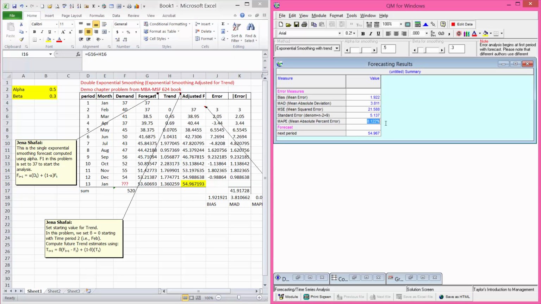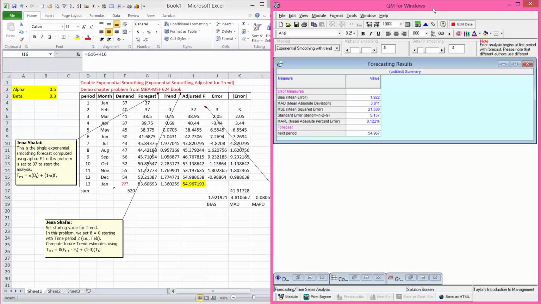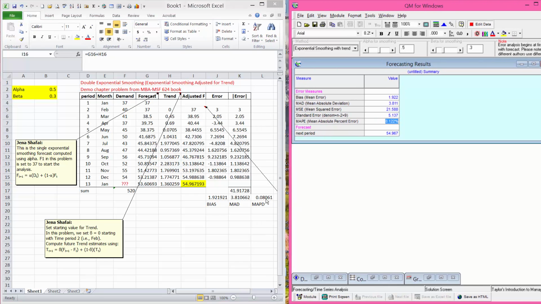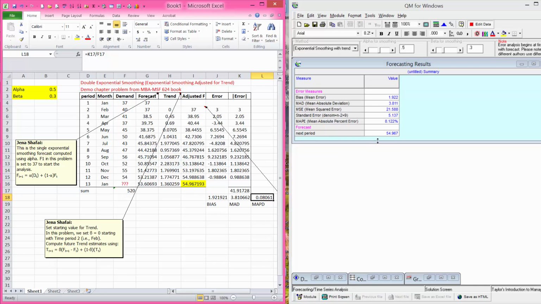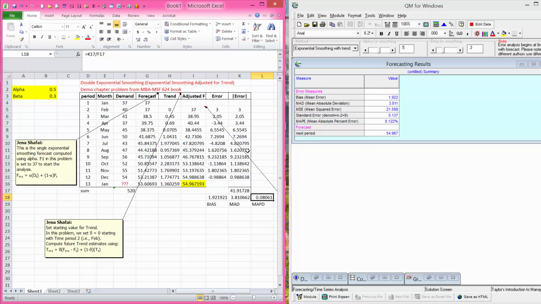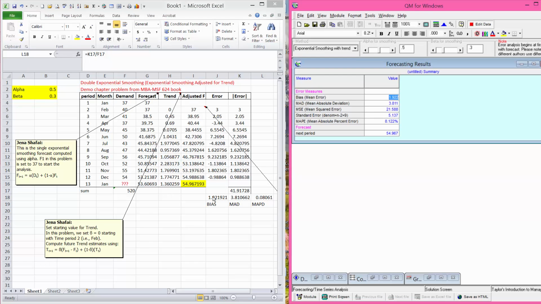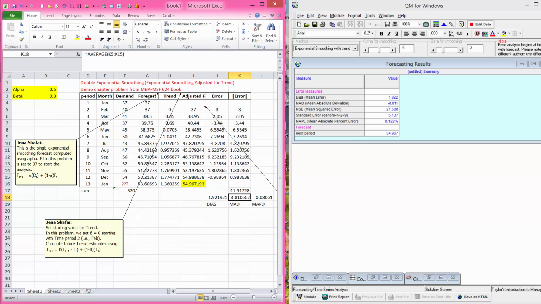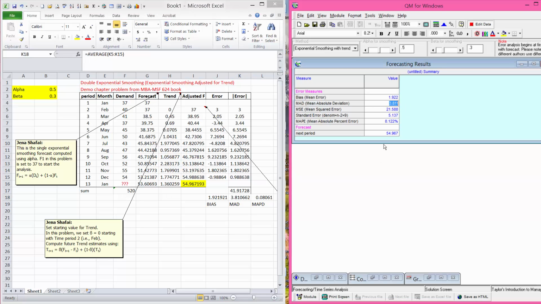This MAPE is about 8%. Due to rounding, this MAPE and my MAPD may not be exactly the same, but it's right around 8%, 8.1% if I round this off. Bias is 1.92 as I computed. MAD is 3.81 as I computed.